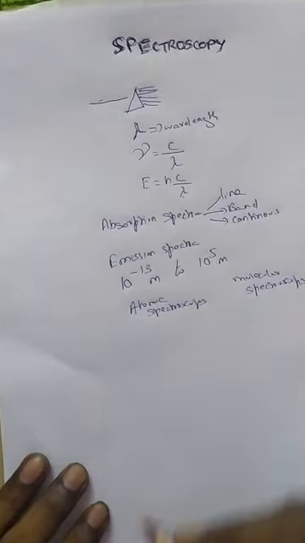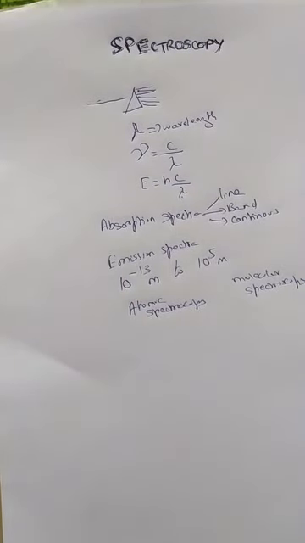Atomic spectroscopy, as the name suggests, deals with the interaction of electromagnetic waves with the atom. Molecular spectroscopy deals with the interaction of electromagnetic radiation with molecules.